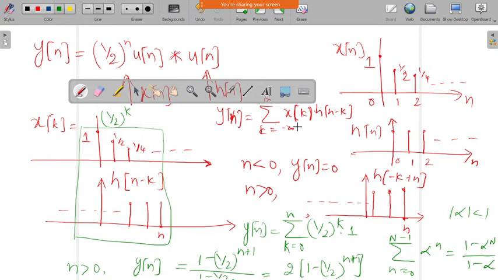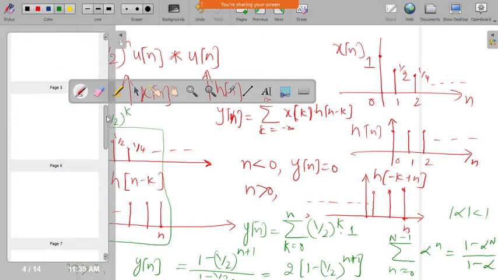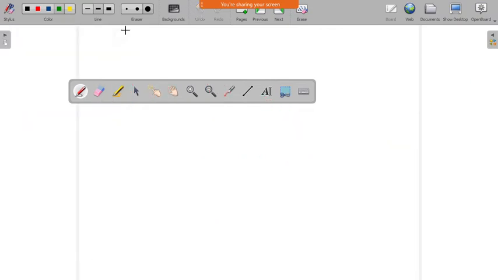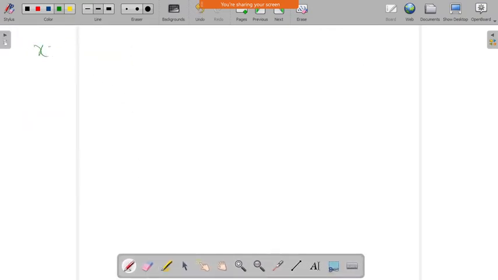So do one more problem. Try to do this. Let's do this one: x of n equal to 2 power n into u of minus n, and h of n, which is equal to u of n.